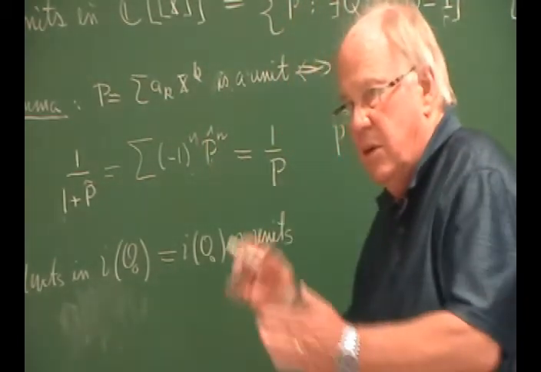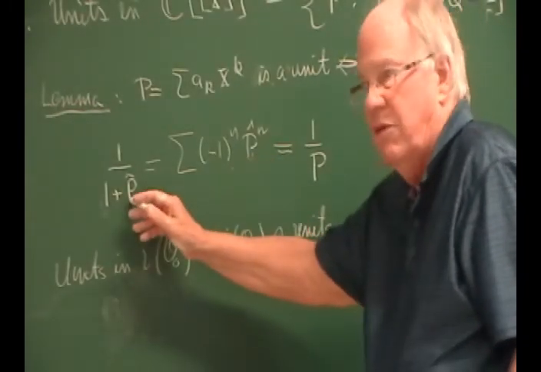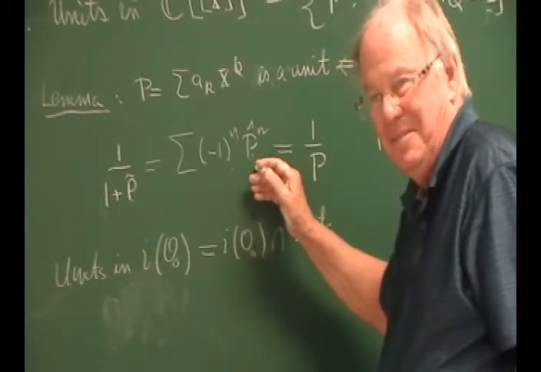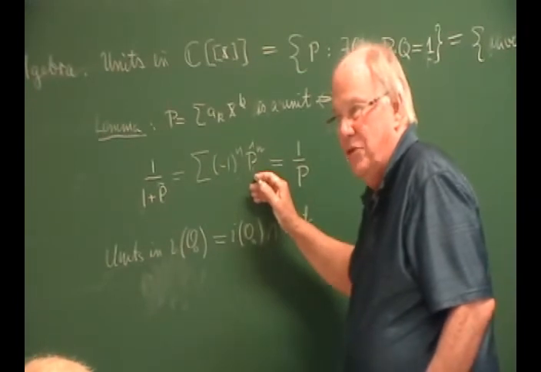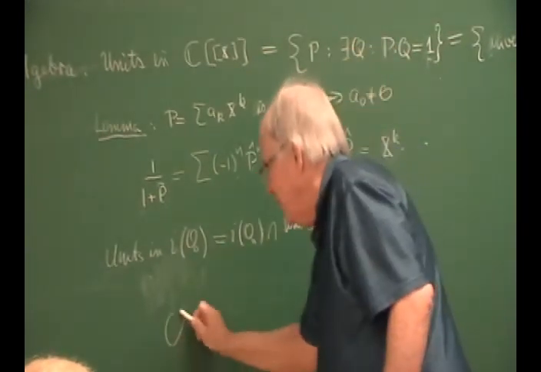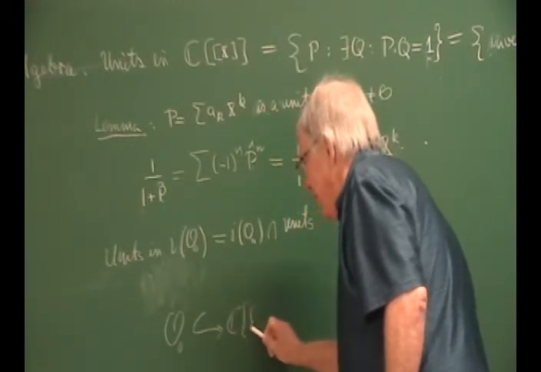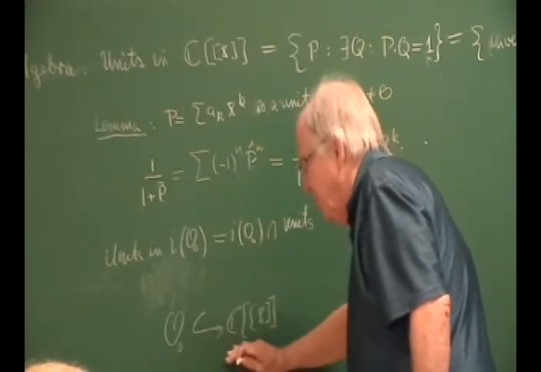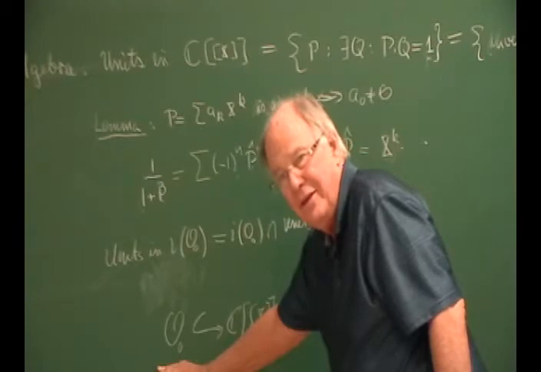Because if this thing is convergent, then this thing will be convergent. You check it. So you start to see that you have this thing embedded in this thing, and the algebra structure here is extremely compatible with the algebra structure here.